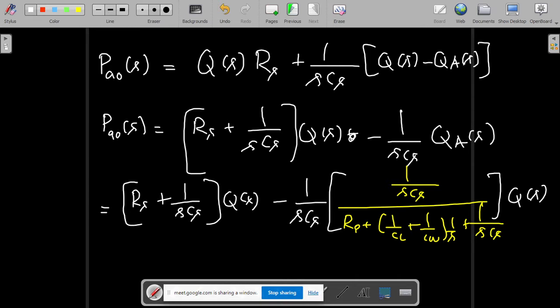So this 1 by SCS is in the denominator. You cannot cancel it here, so we have to take it together.